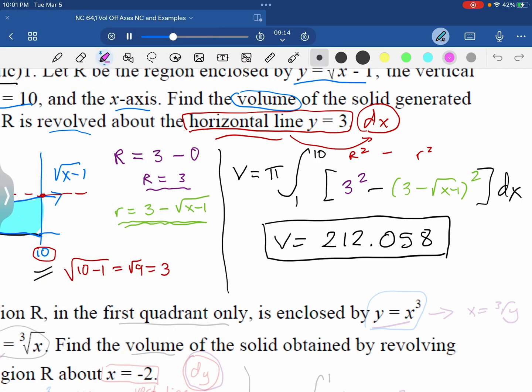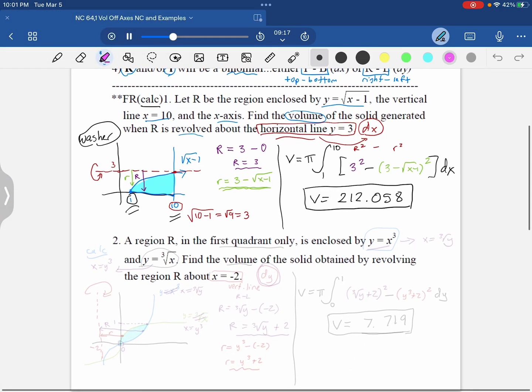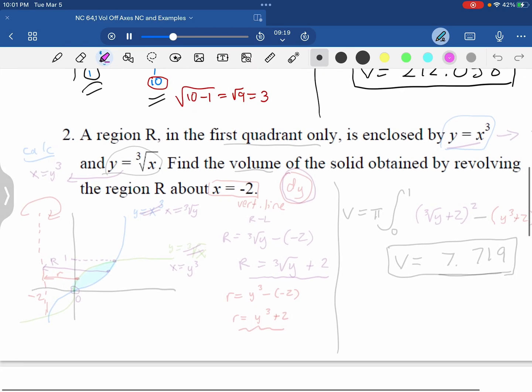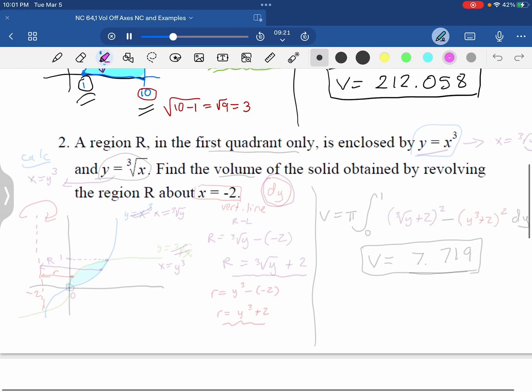All right, so example 2, it doesn't really specify, but the homework on this is all going to be calc allowed, so we can probably just assume once we set it up, we can finish this one on a calculator.